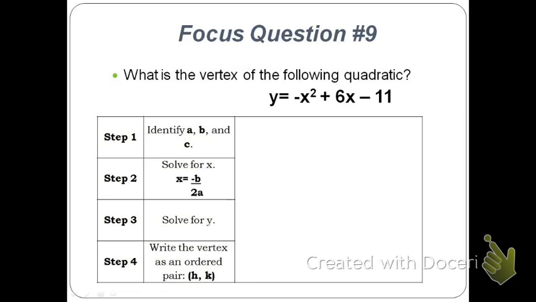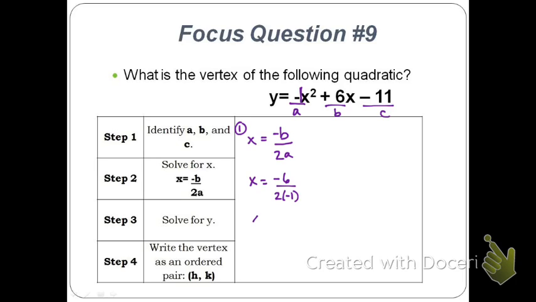Let's do number 9. So, again, we've got to identify A, B, and C. So go ahead. We get -1 for A, B is 6, and C is -11. So, using x equals -b over 2a, we come out with x equals -6 over 2 times -1.